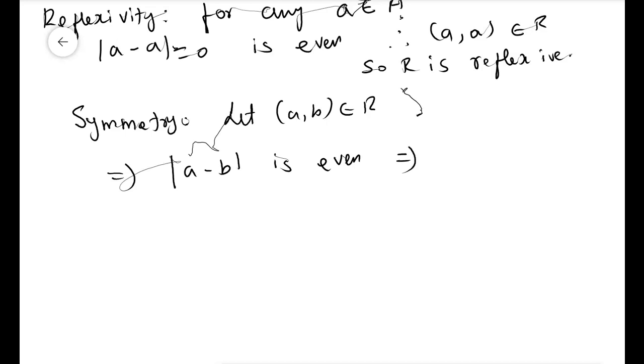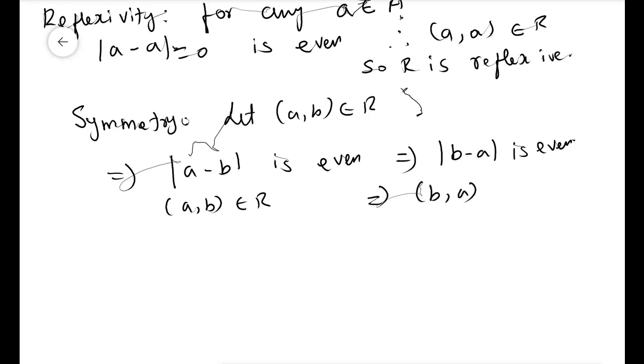This implies modulus of b minus a is even. So, if (a, b) belongs to R, then (b, a) also belongs to R. So, therefore, R is symmetric.